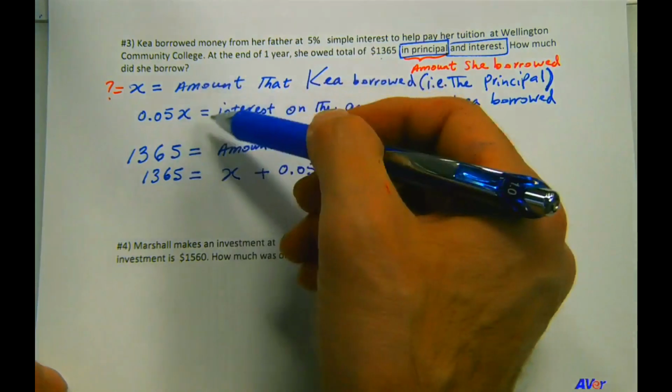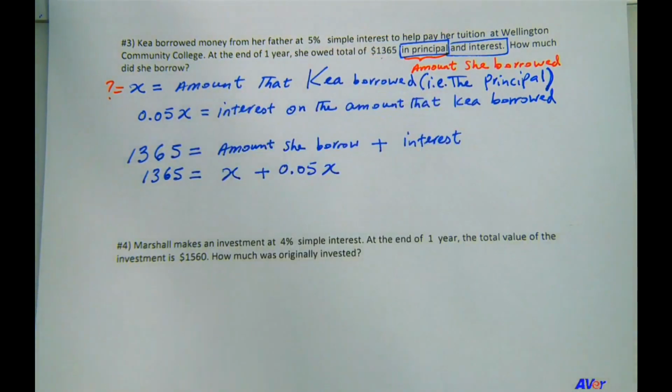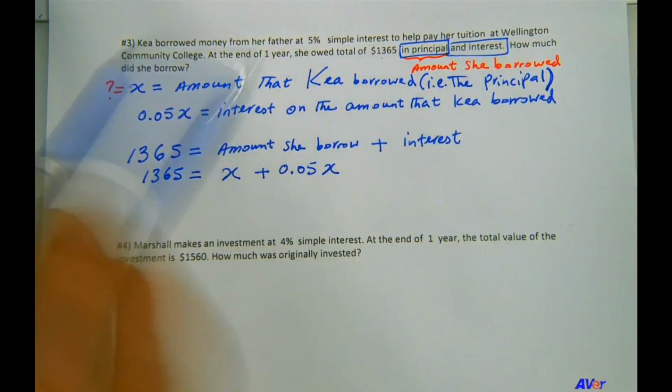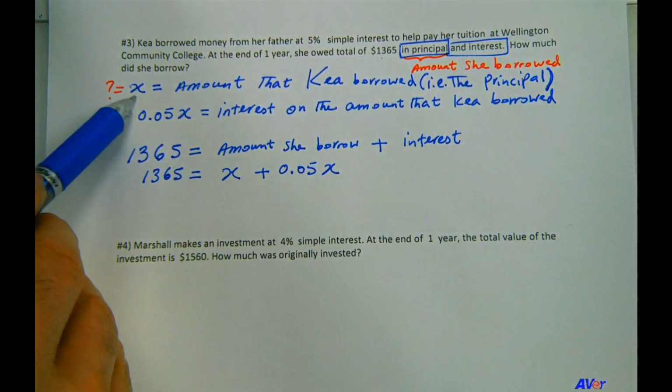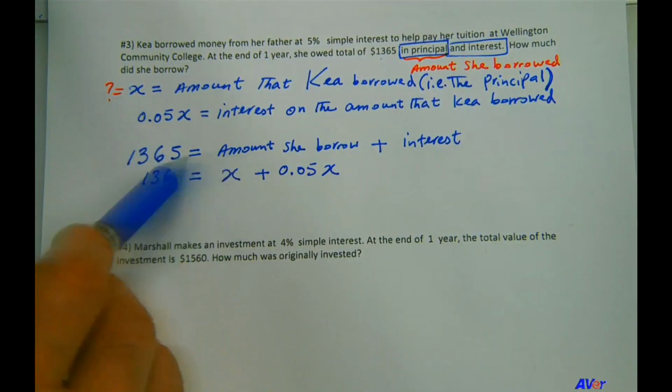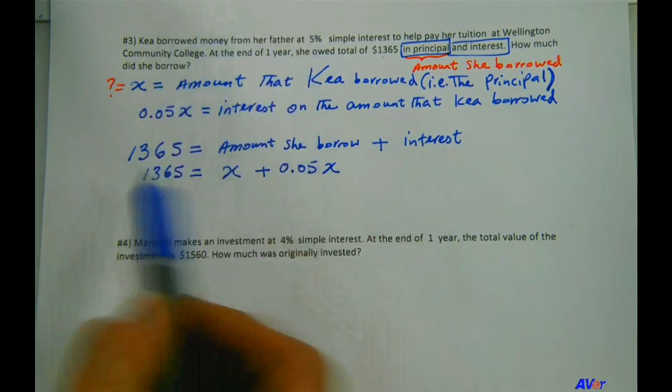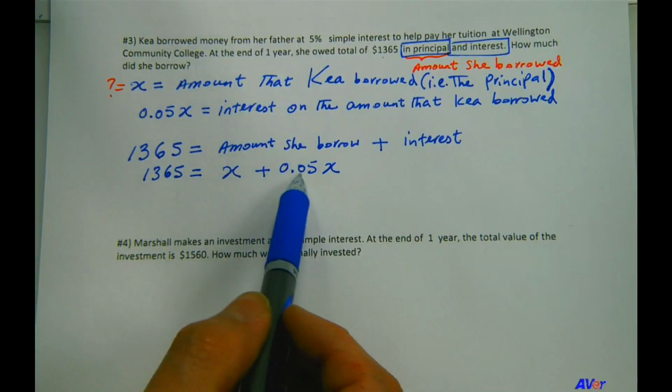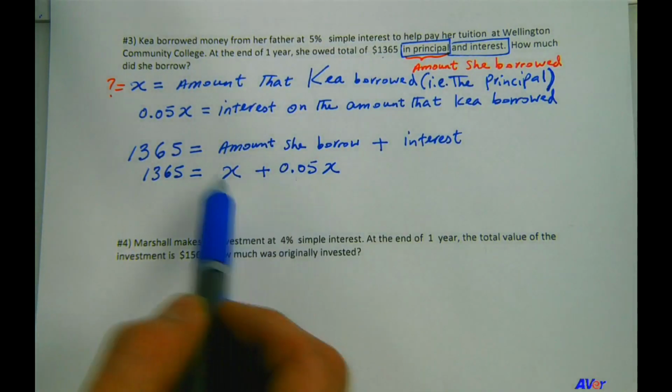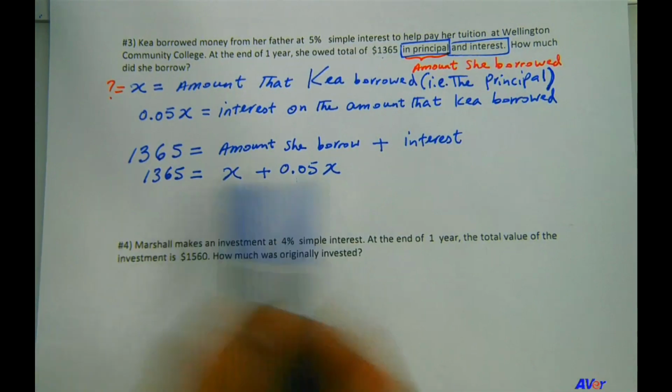This approach is true for all word problems. You read the problem, you assign a variable to what is not known, and then you create relationships between what is known, which is the 5% interest, and what is not known, which is what she borrowed.